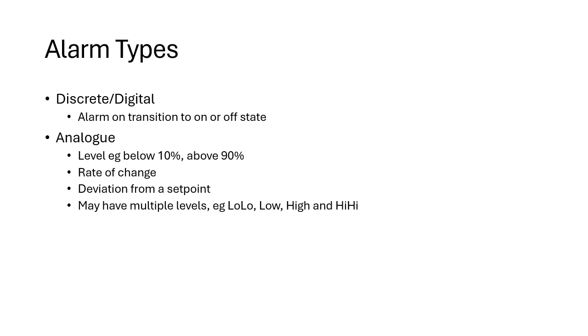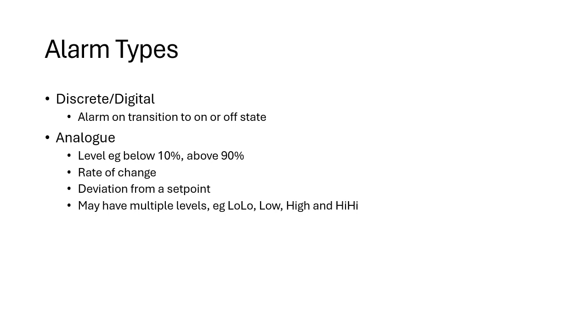It's also possible to have multiple levels with analog alarms. So for example, you might have a low alarm, but also a low-low alarm. You generate an alarm below 10%, which warns the operator that they need to start thinking about taking action. But then you generate a critical alarm, the low-low alarm, below 5% when your tank is getting very close to empty. We can also have high and high-high alarms.